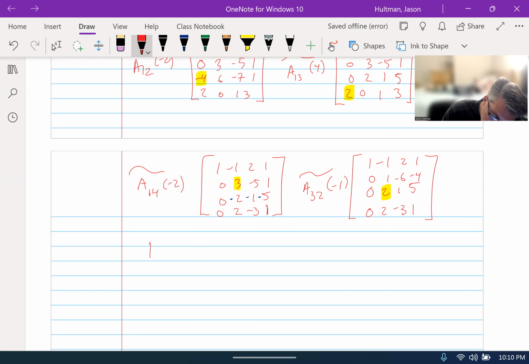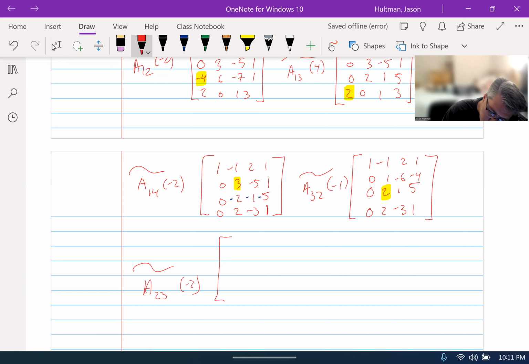So we have 1, -1, 2, 1. Okay, and we want to multiply. Oops, let me put the designation here first. We want to multiply row 2 by -2. So A2 -2, and then we're going to replace that with row 3.